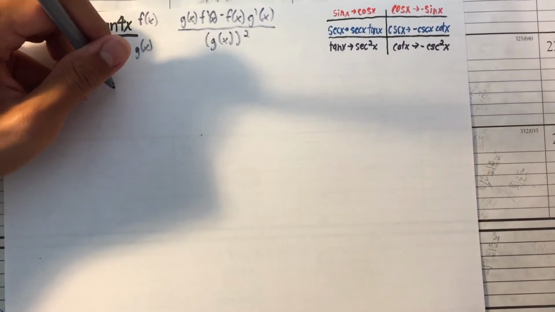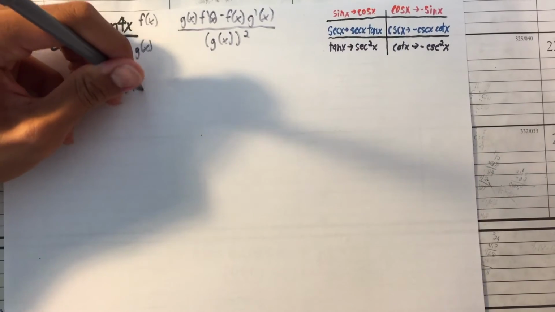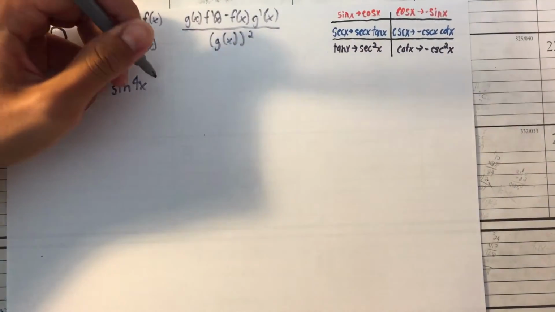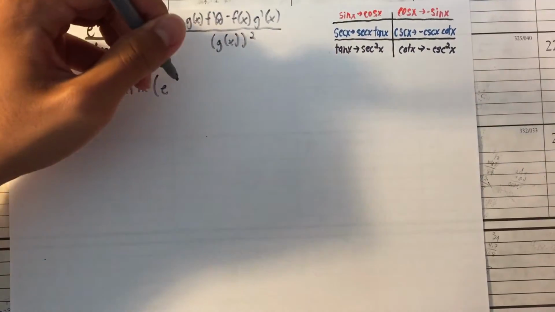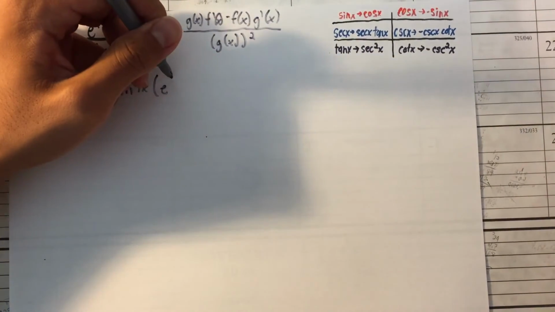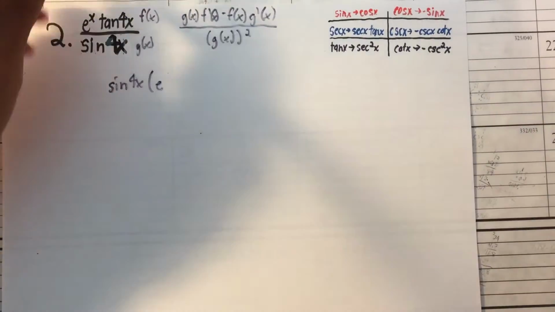So it's going to be sine 4x times, now the top here we're going to have to use the product rule like we did before to find the derivative of it.